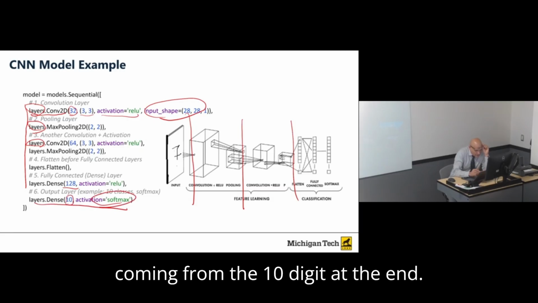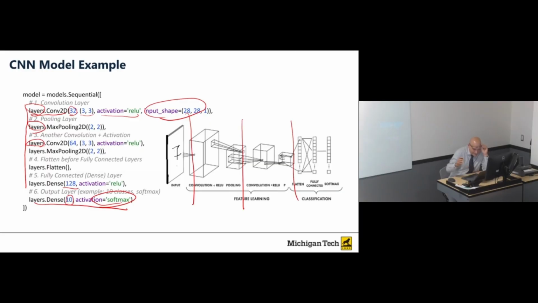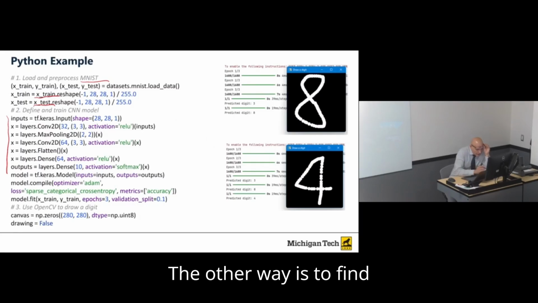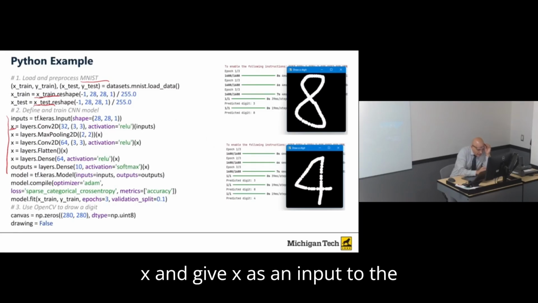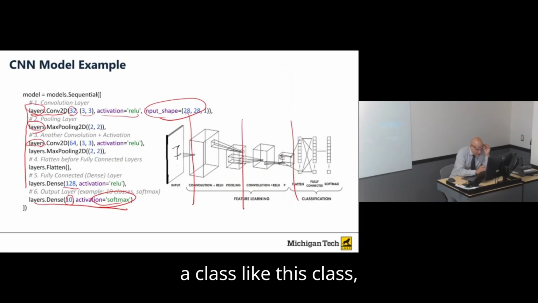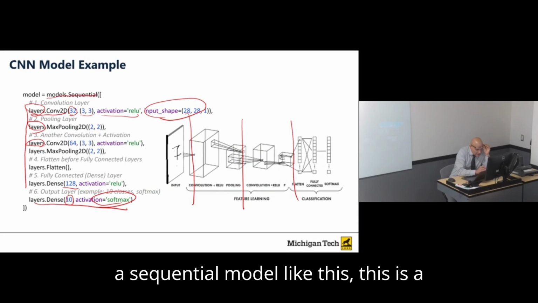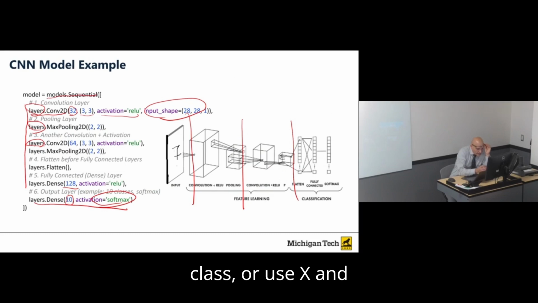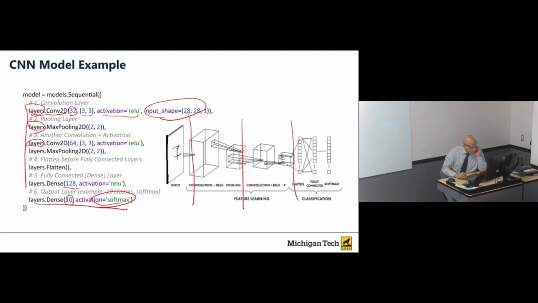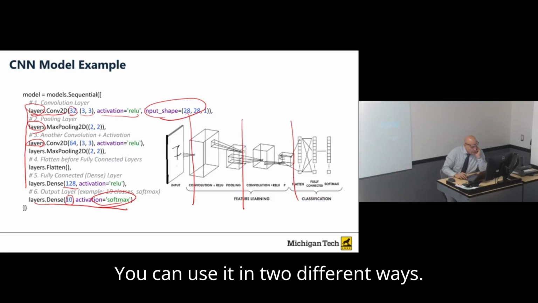This 10 comes from the 10 digits. So this is one way you can write that. The other way is to define X and give X as an input to the next layer. They are both the same, whether you use a sequential model like this, which is a class, or use X and feed X to the next layer. You can use it in two different ways.